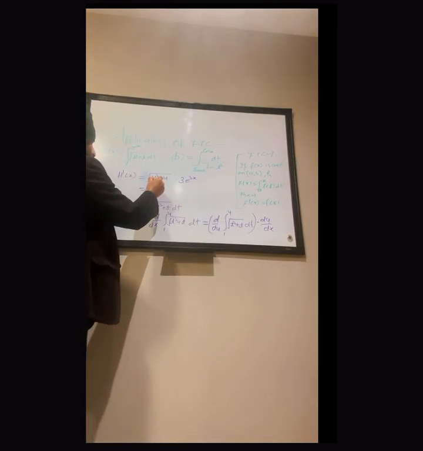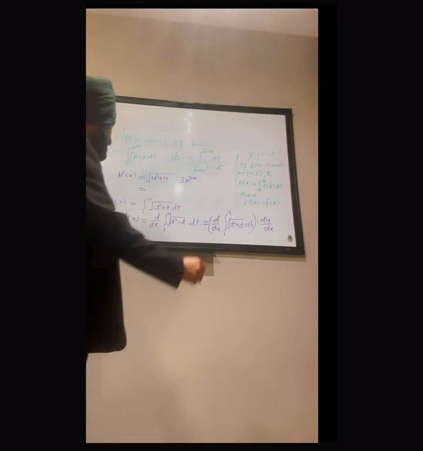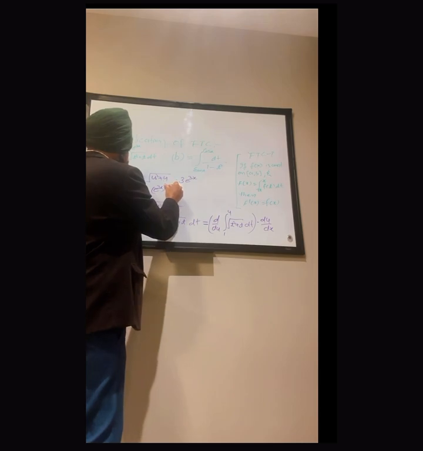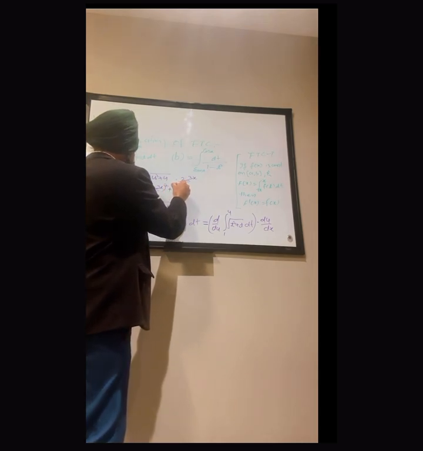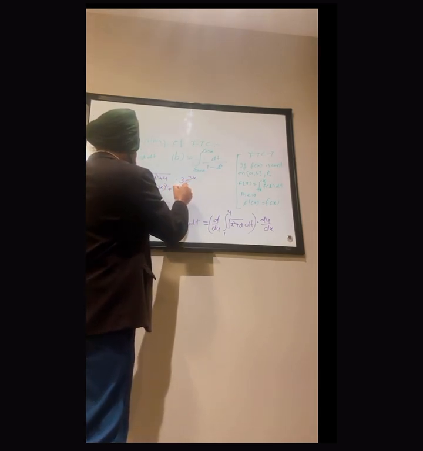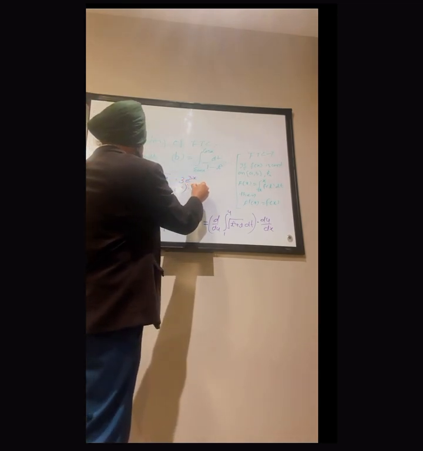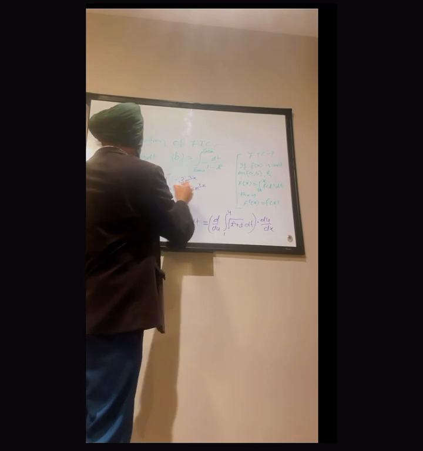Next, put the value of u here. It is square root of (e raised to power 3x) whole squared plus e raised to power 3x, into 3 times e raised to power 3x.